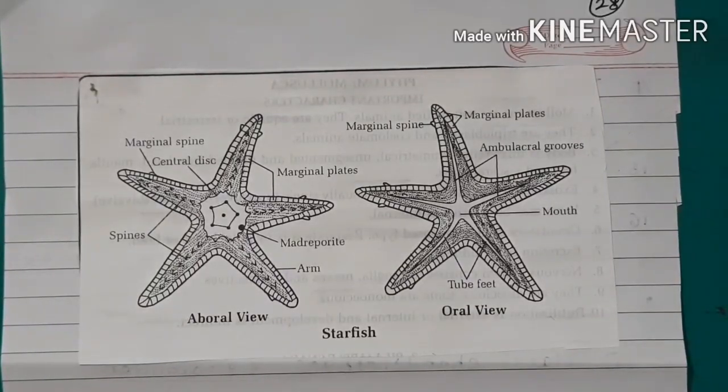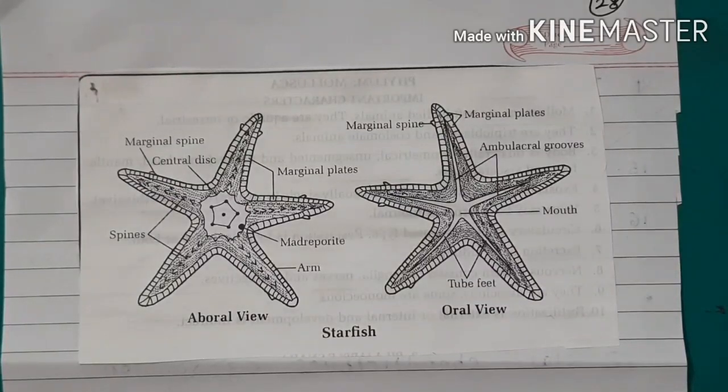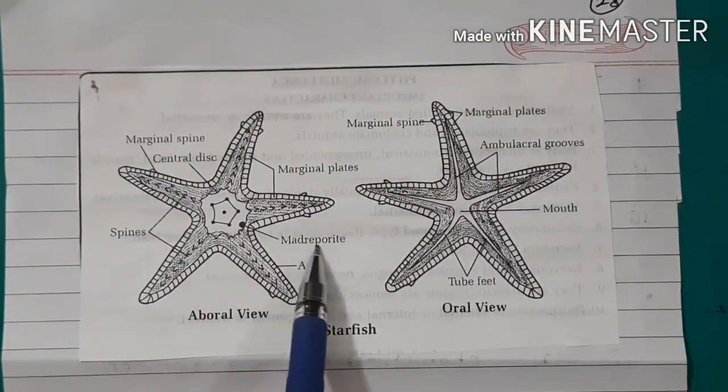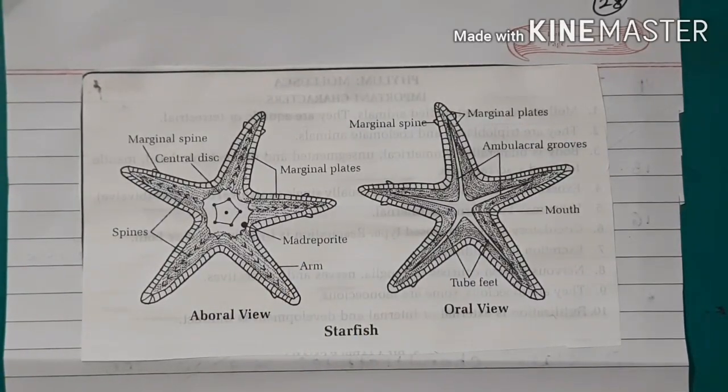Endoskeleton is made up of calcareous ossicles. It consists of a special water vascular system with madreporite. See this madreporite, through which water enters.